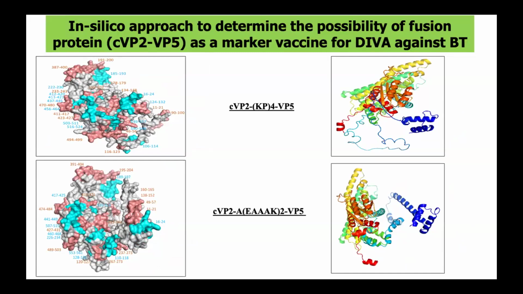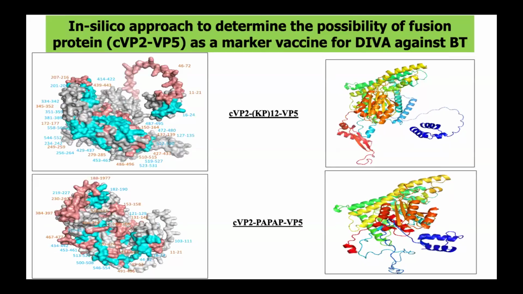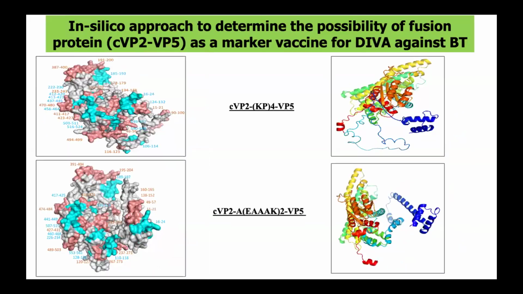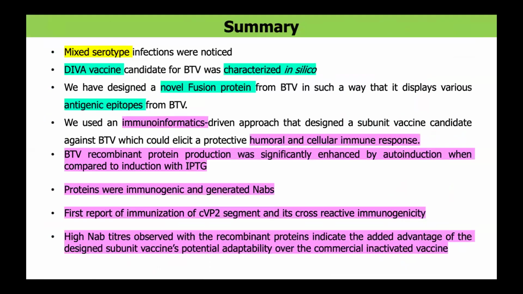We have tried different linkers to link the two proteins, and we have shortlisted this particular one, KP12. It seemed better with the immunoanalysis in silico. We found that this is better than the other four. So we have shortlisted that, and now we are in the process of generating this particular chimeric vaccine, and then again it will be tested in sheep like before.